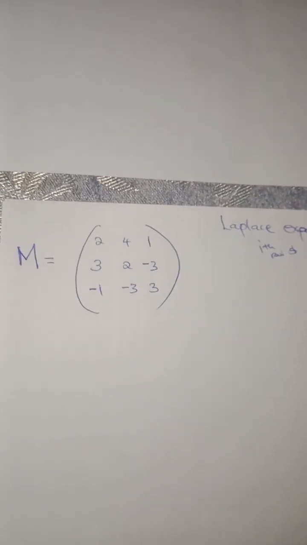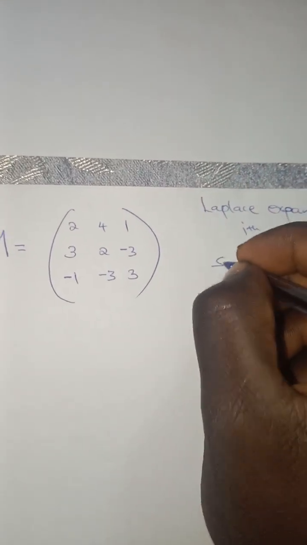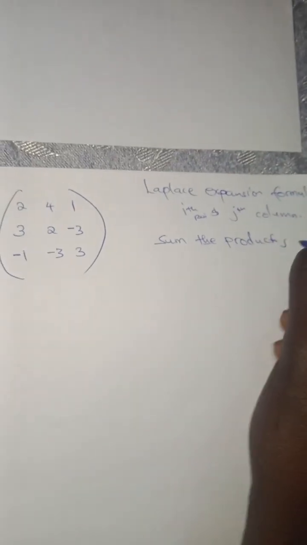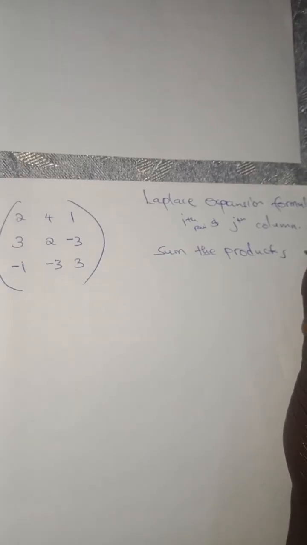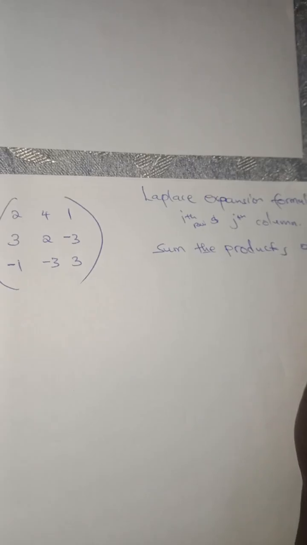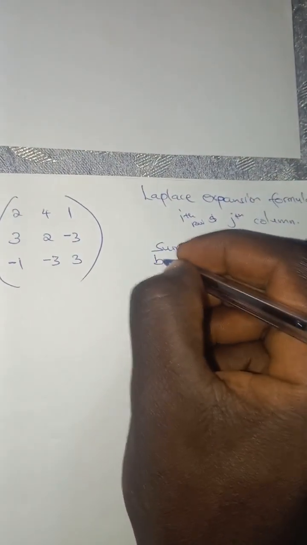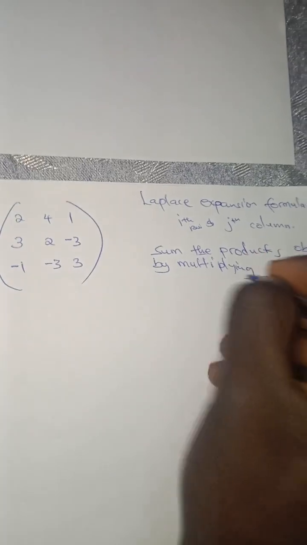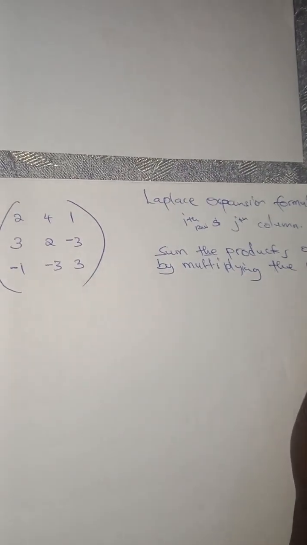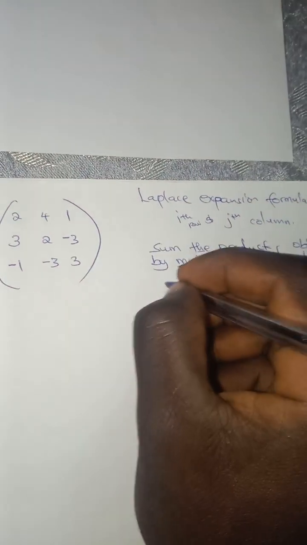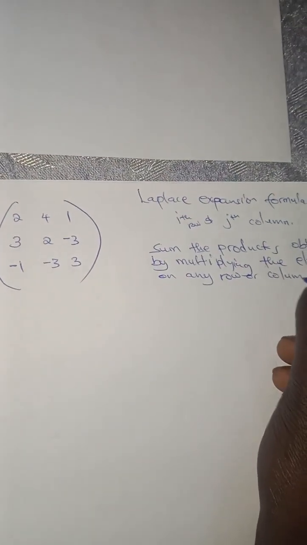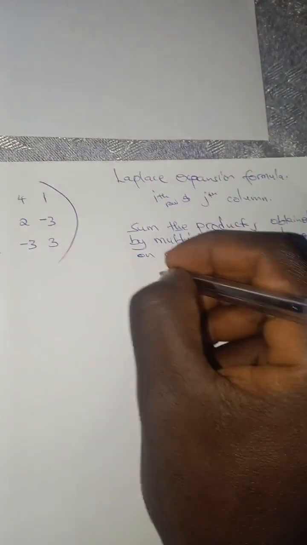Our main focus will be that we sum the products obtained by multiplying the elements on any row or even a column by their cofactors.